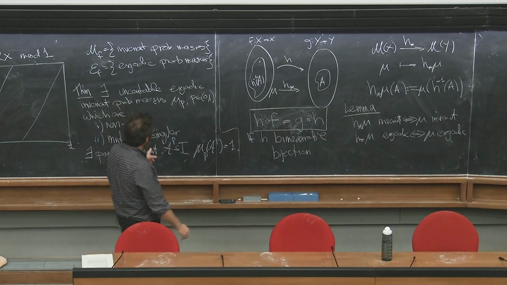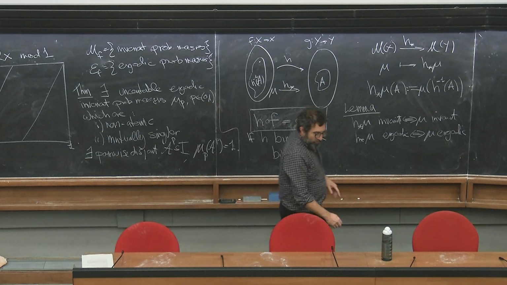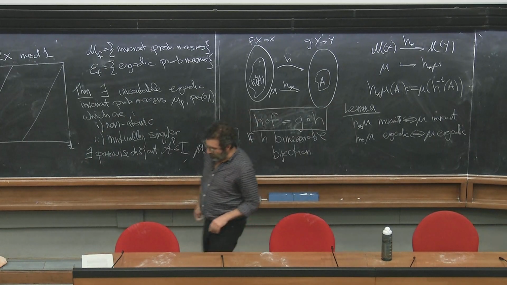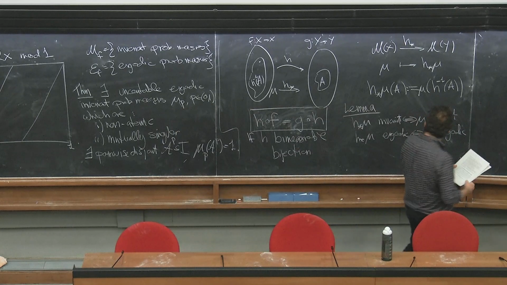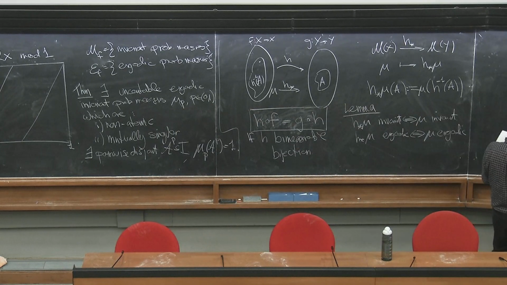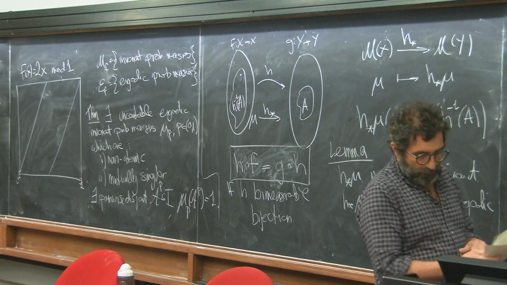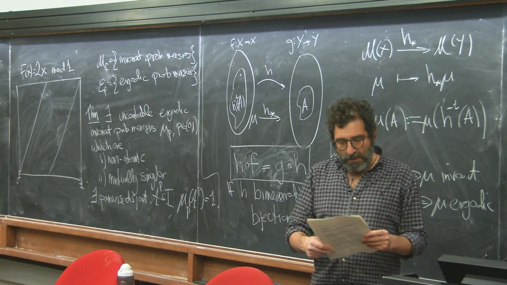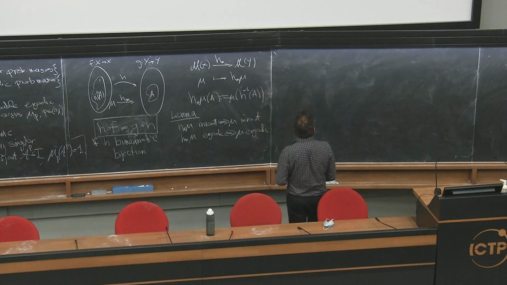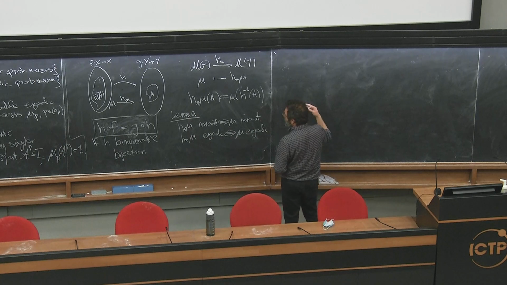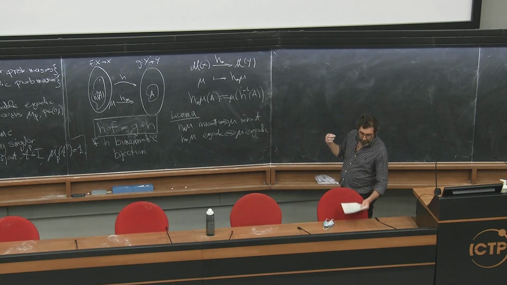Okay, so how are we going to use this fact for our construction here? Well, remember that we have these topological conjugates, so I'm going to sketch the proof without going to details.